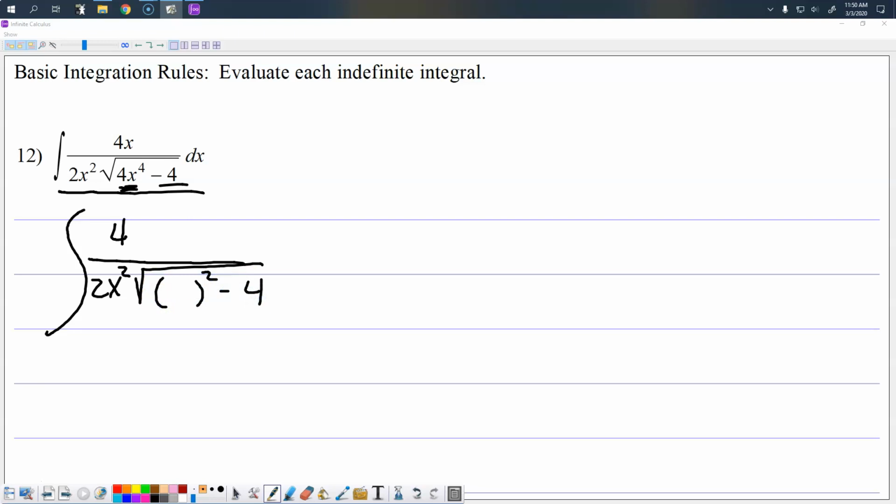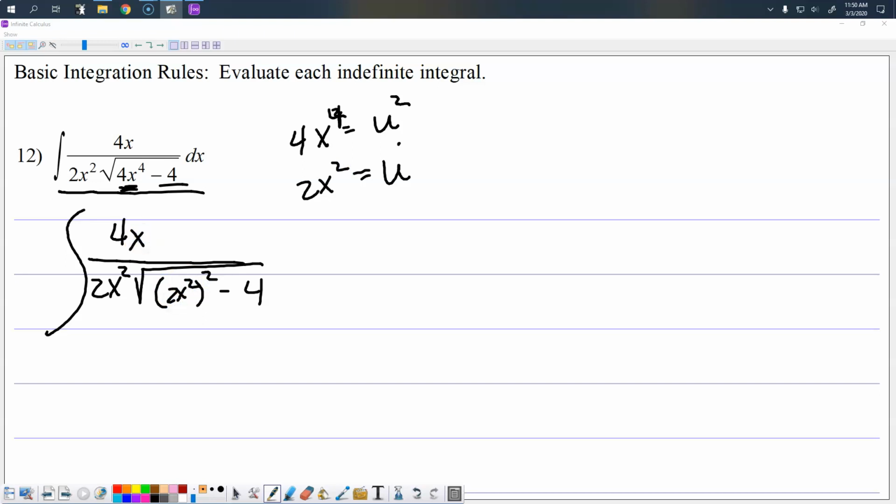Okay, so if 4x squared equals u squared, then that means that u, if I take the square root of both sides, would be 2. I'm sorry, it's supposed to be 4. If I take the square root of both sides, we end up with 2x squared. So that's going to be my u right there.